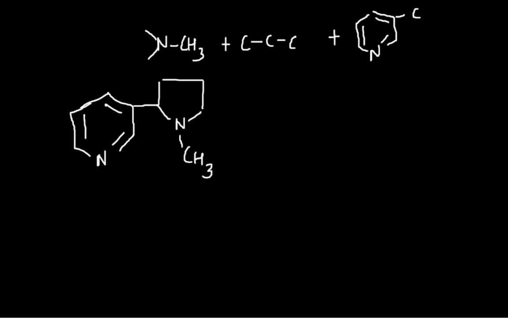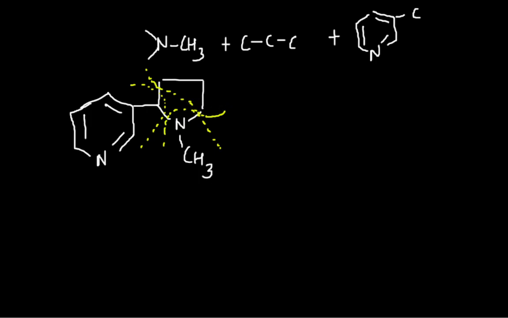How it would have broken is: nicotinic acid should have come from here, then the methylamine should have come from here, then your malonic acid should have come from this. There is a mistake, it should have come from this.